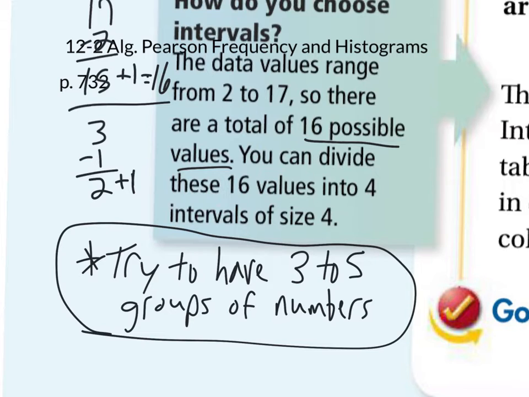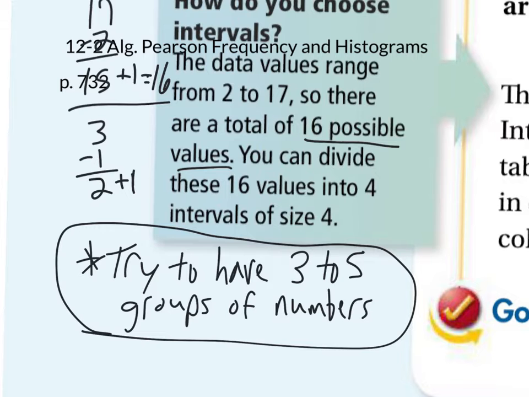If we spread it out too much, then it's really not telling us anything. I don't want to just know how many times somebody hit that exact number of home runs. We're just looking at how many hit between this many and this many home runs. And if we had like 16 different groups, that'd be a lot of stuff. You'd be using half a sheet of paper for every problem. So those are a couple of reasons why we're not going to do it that way.